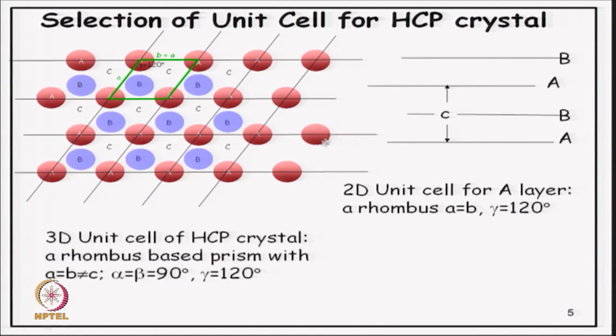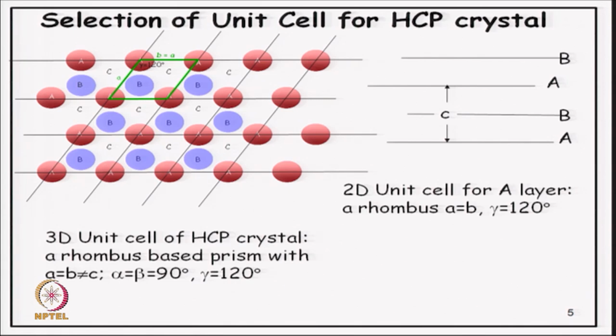With this we complete our 3D unit cell, which is a rhombus-based prism where a equals b. Of course, this is not equal to c, and alpha and beta are 90 degrees because the c axis we have selected is perpendicular to the layer plane. So, alpha and beta are 90 degrees and gamma is equal to 120 degrees.